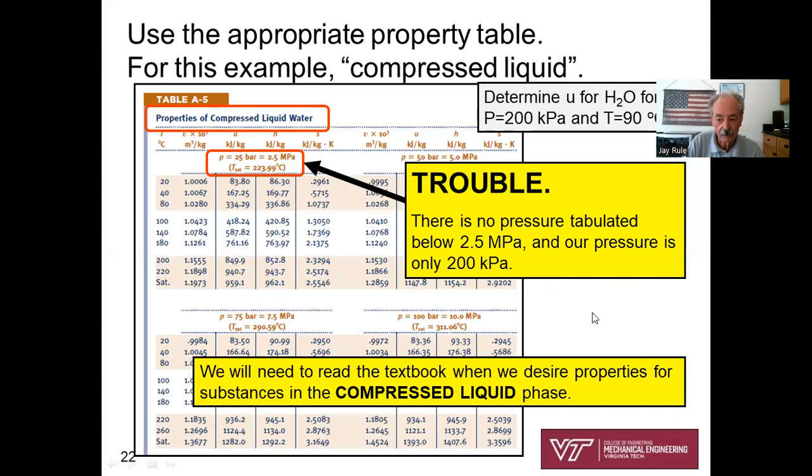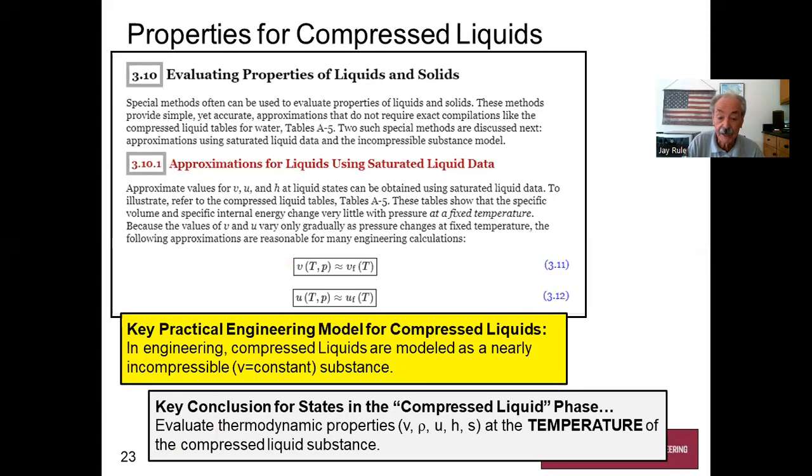I'm not going to force you to do that. I'm going to give you a screenshot. It will pay you, though, to go back and read section 3.10 in your textbook. It says properties of liquids, compressed liquids. That's what we're interested in doing.